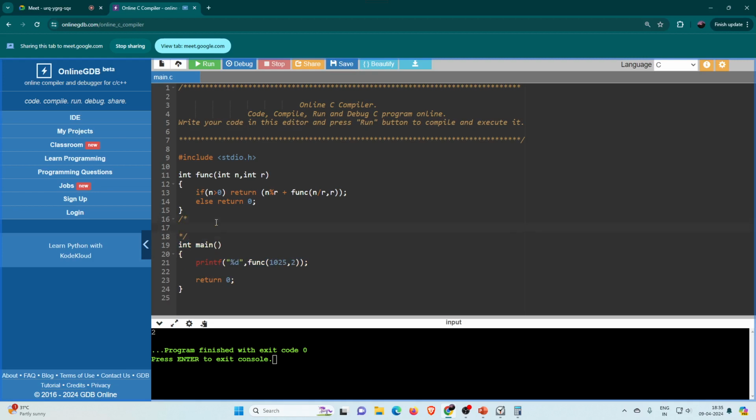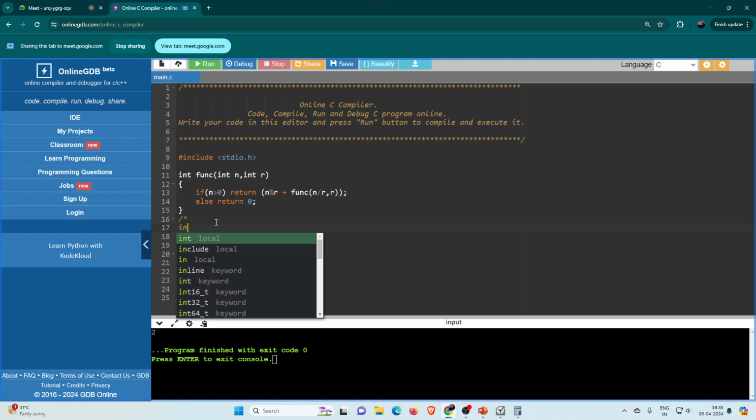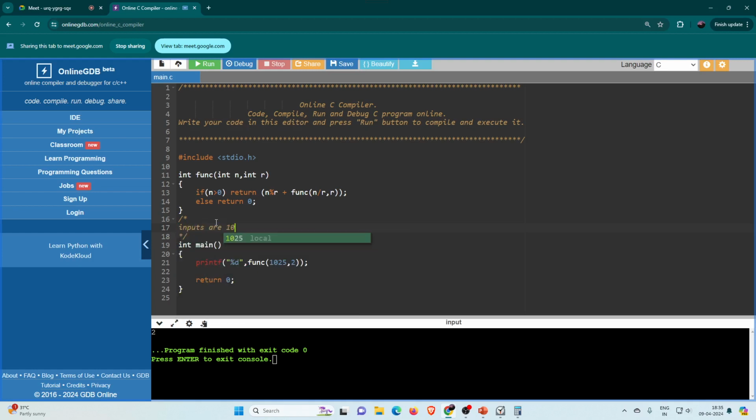First inputs are n equal to 1025 and r equals 2. Since both are integers, this division will be rounded off to the floor, I mean the lower integer. So 1025 by 2, first this thing.